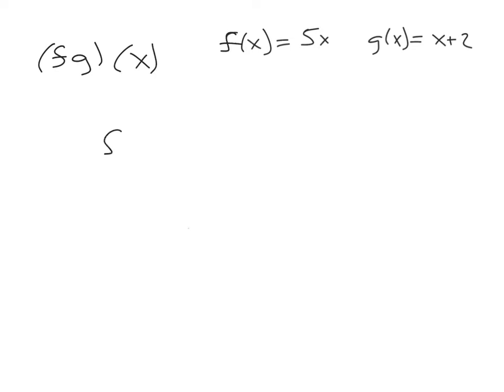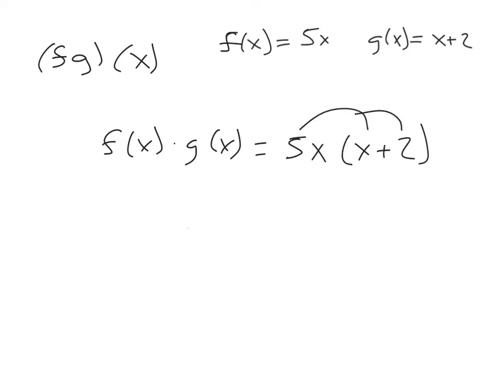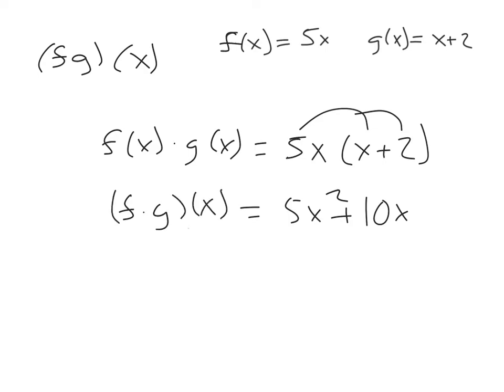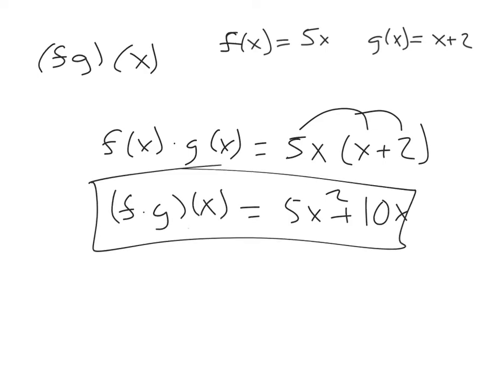So that's going to be f of x times g of x, which is equal to 5x times x plus 2. So I've got to distribute this 5x in, so that gives me 5x squared plus 10x, and that is f times g of x. Nothing to it.